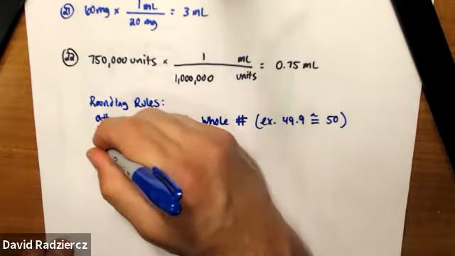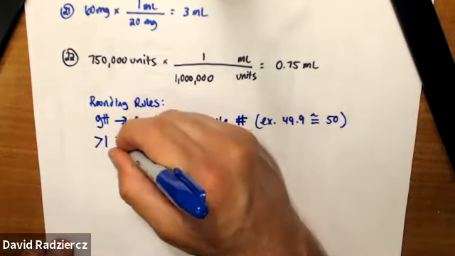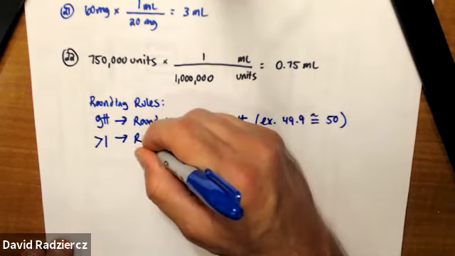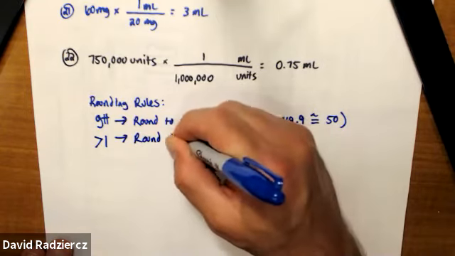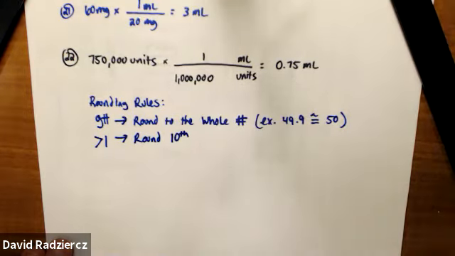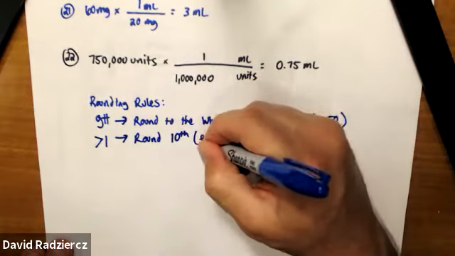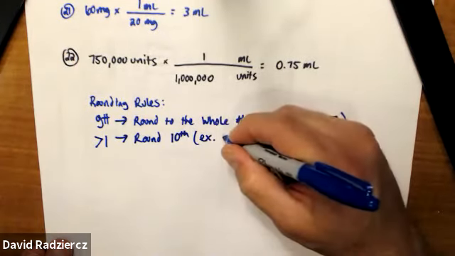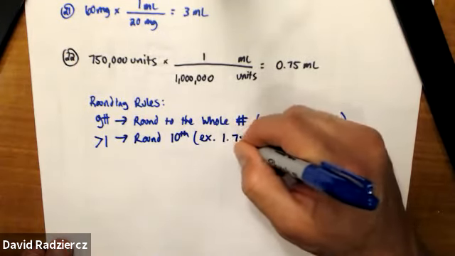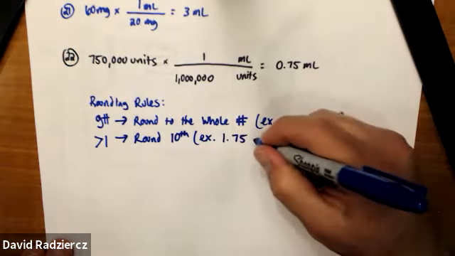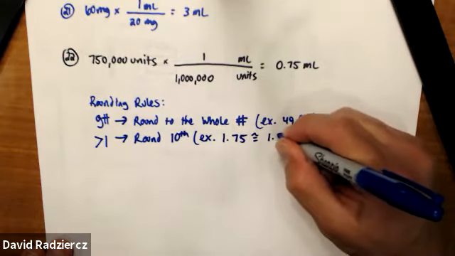If you have a number that's greater than 1, you're going to round to the tenths. For example, if I have 1.75, I'm going to round that answer to 1.8.